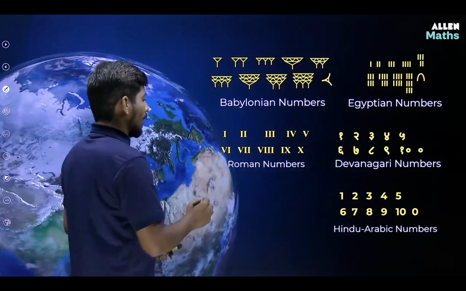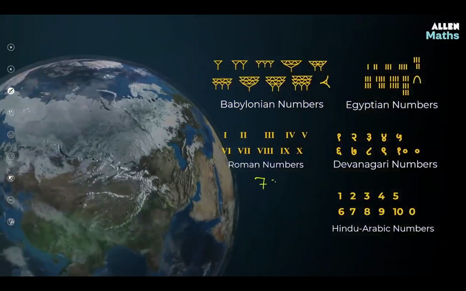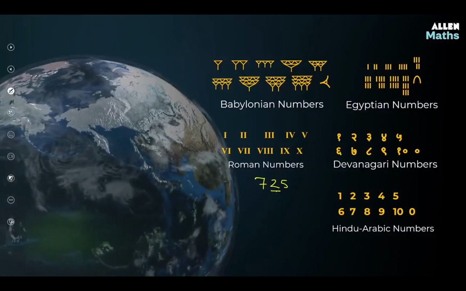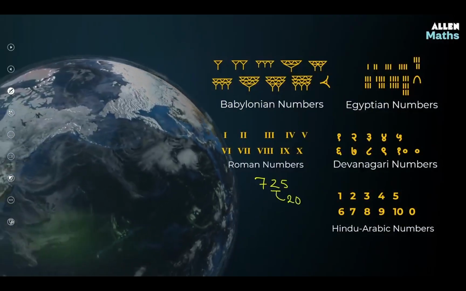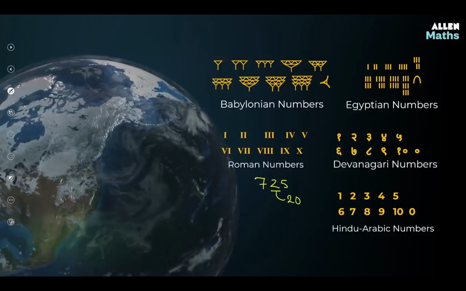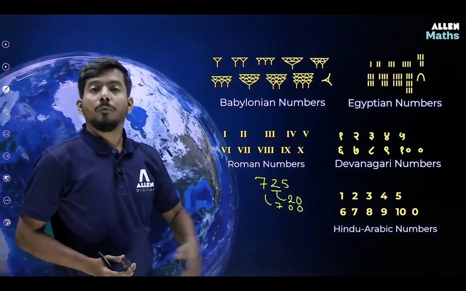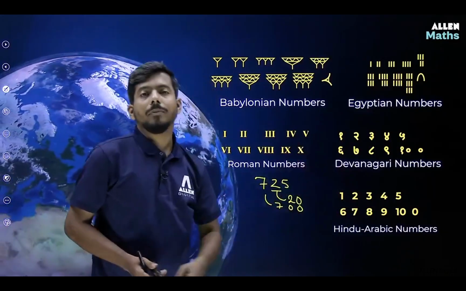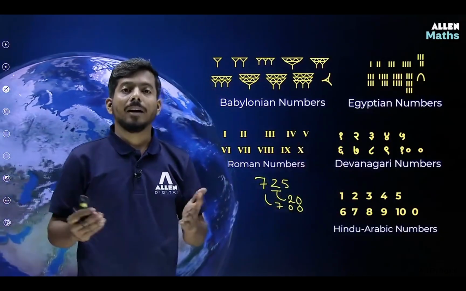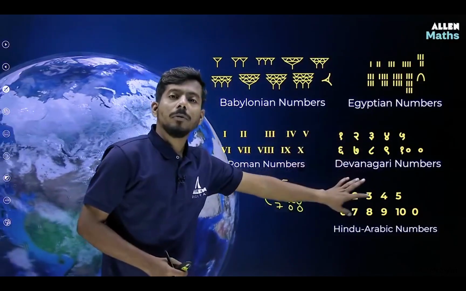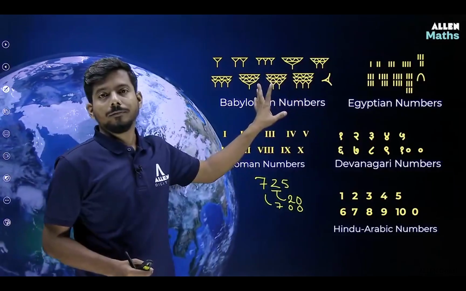Let's take an example. If I have here 725, now the value of 2 is 20 according to its position. Similarly, the value of 7 is 700. So with the help of these 10 symbols, we can write any imaginable number. That's why we prefer the new number system over the older one.